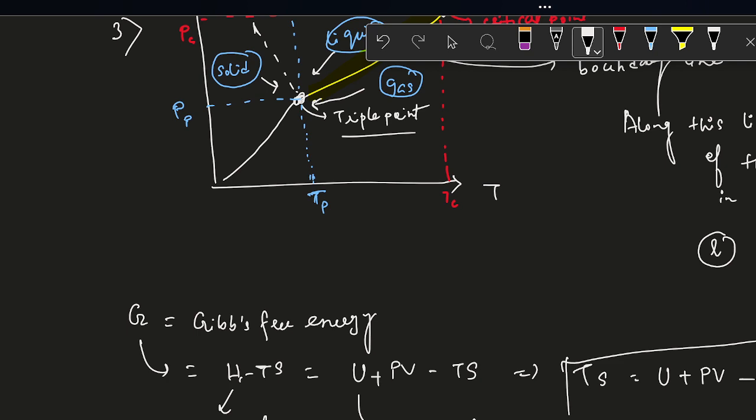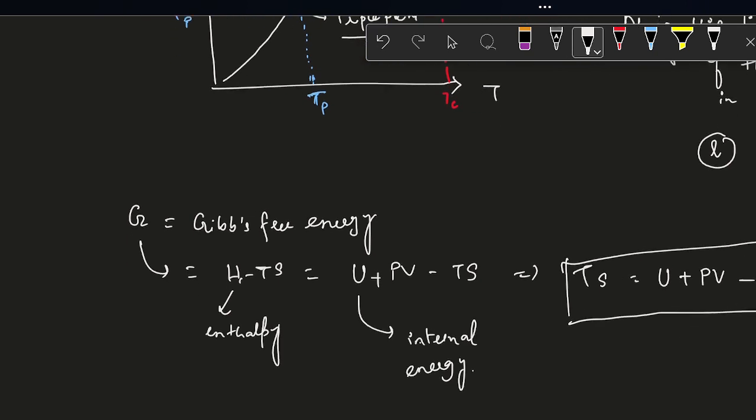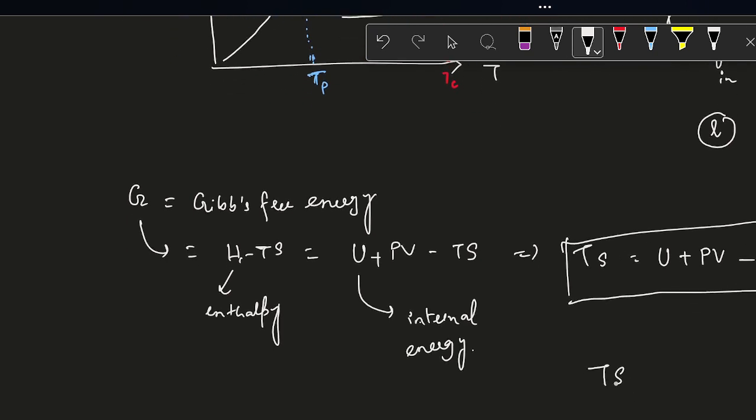This is one thing. And also, this is a known standard relation in thermodynamics, that Ts can also be represented as U plus PV minus mu times N, where mu is the chemical potential and N is the number of particles.